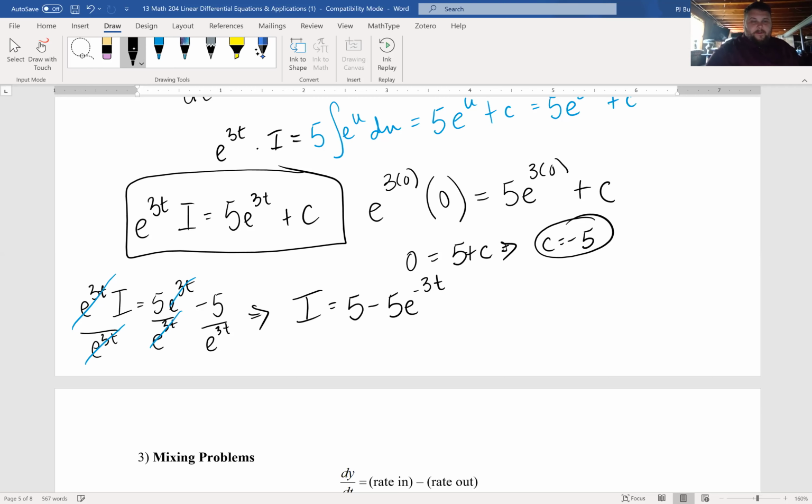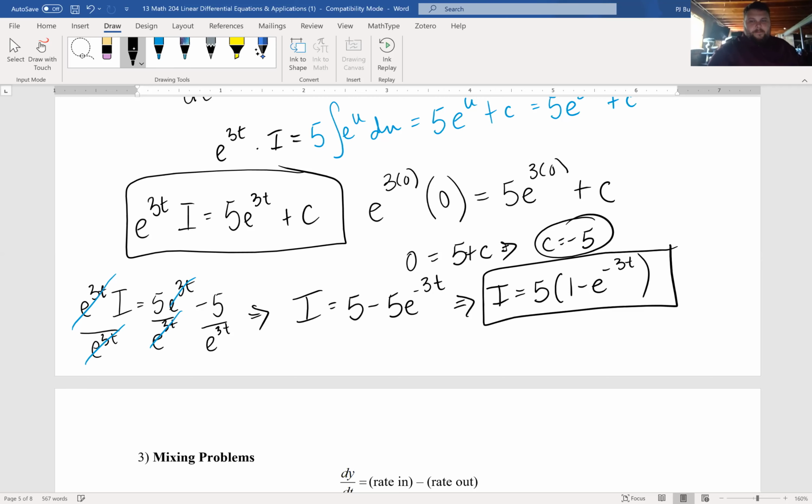And the last thing I want to do is factor out that 5. The reason for that is because I want you to see what this thing looks like. So you should be able to, in your head, get an idea of what that function looks like, just because of the form I put it in.